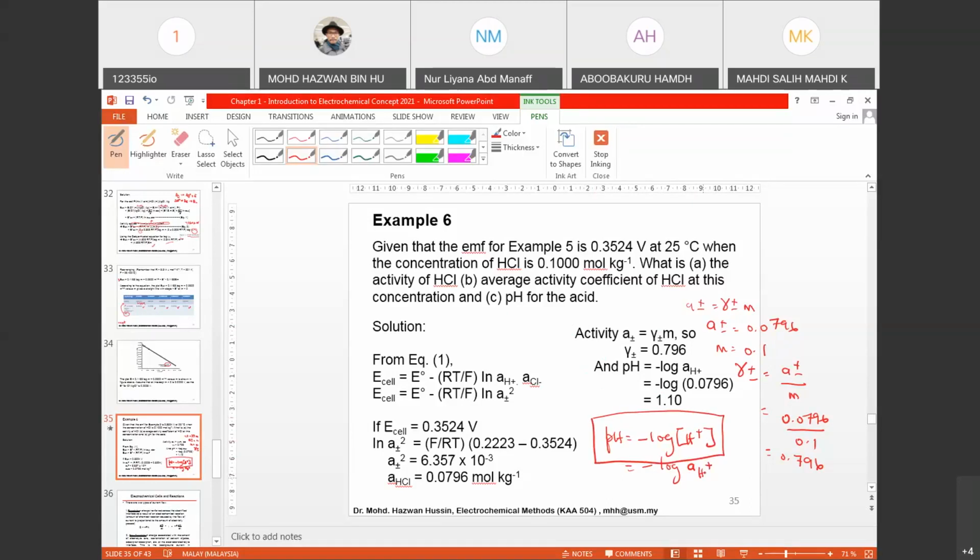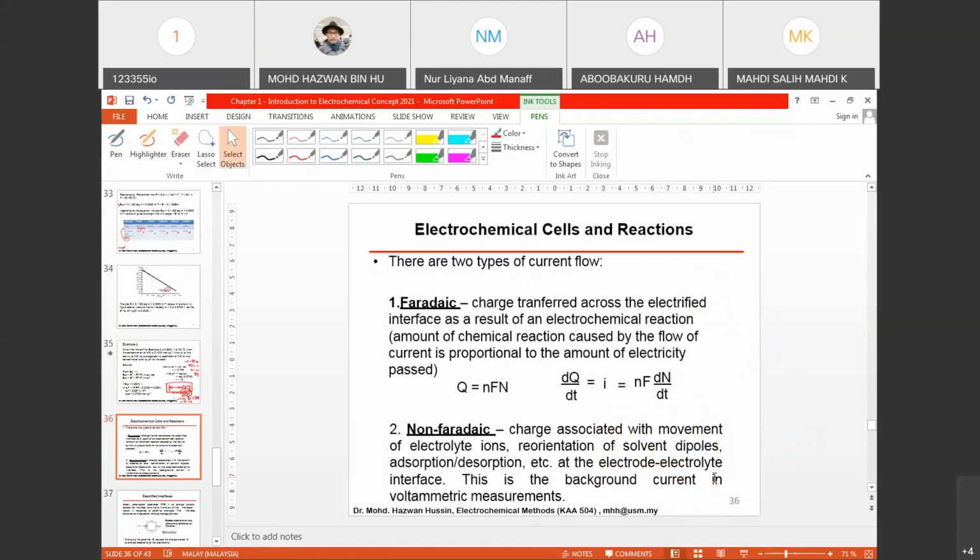Since the concentration of H plus is already known, you just substitute negative log 0.0796, then you get a pH value of 1.1. Okay, so simple. You can try it again at home.